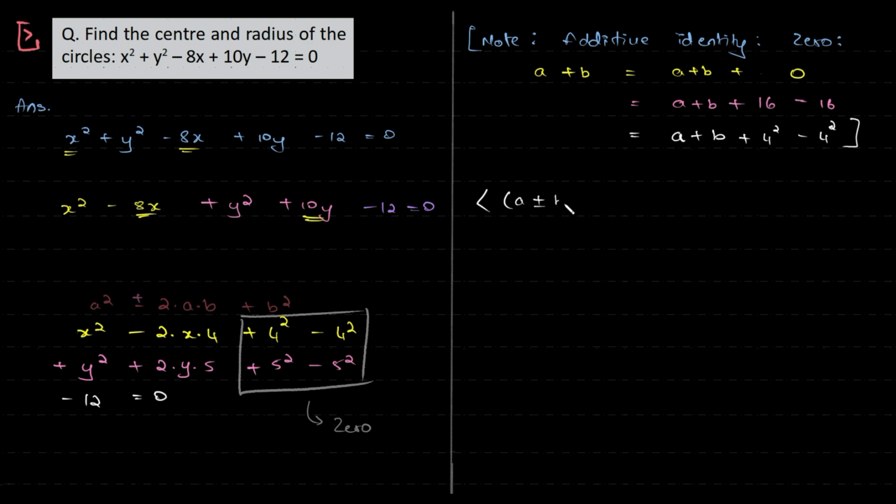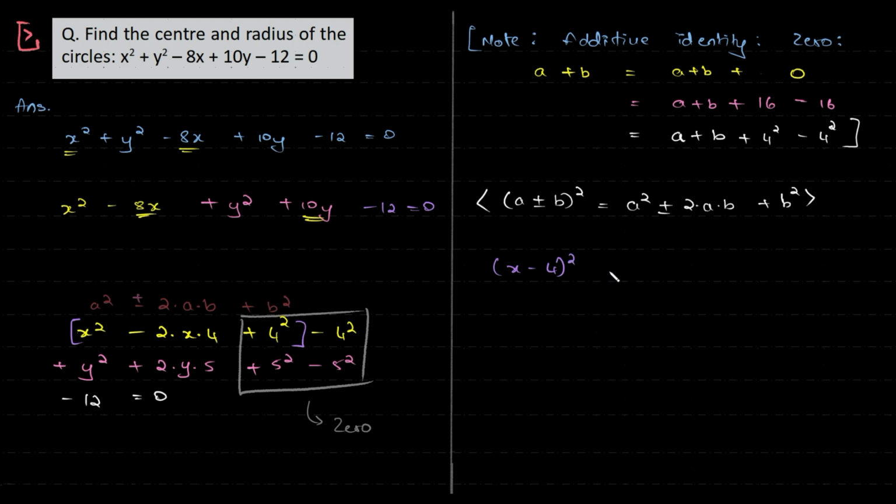A plus or minus b the whole square, which is a square plus or minus 2ab plus b square, right? And then we can write the first set of expression as x minus 4 the whole square, that is a minus b the whole square.